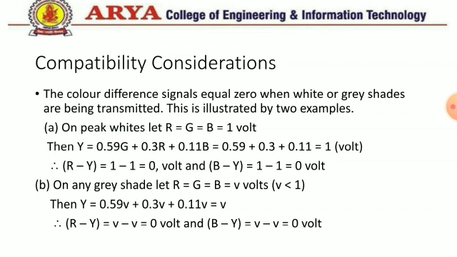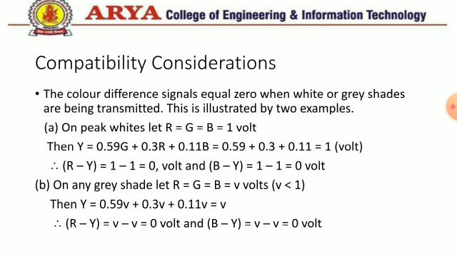When we put this value in the color difference R minus Y, we get 0 volt, and in B minus Y, we also get 0 volt. In the first case, when red, green and blue are equal to 1, the luminance signal is 1 volt, R minus Y is 0 volt and B minus Y is 0 volt.